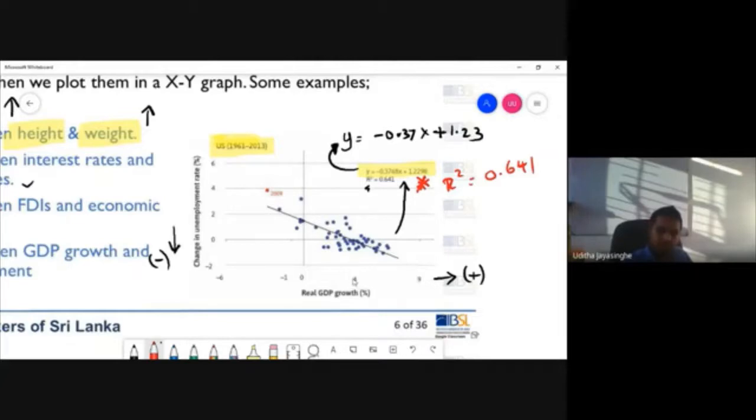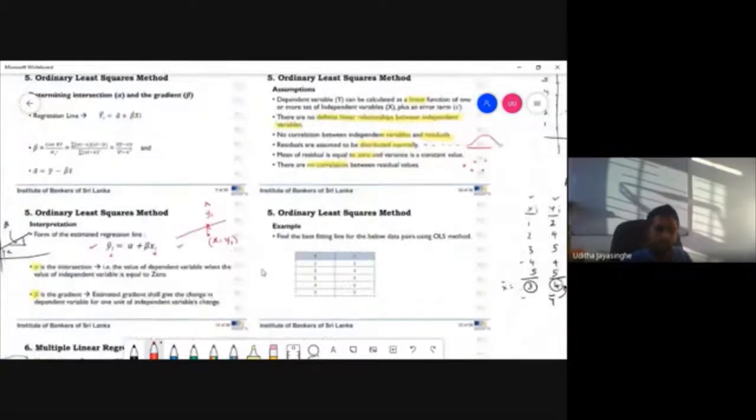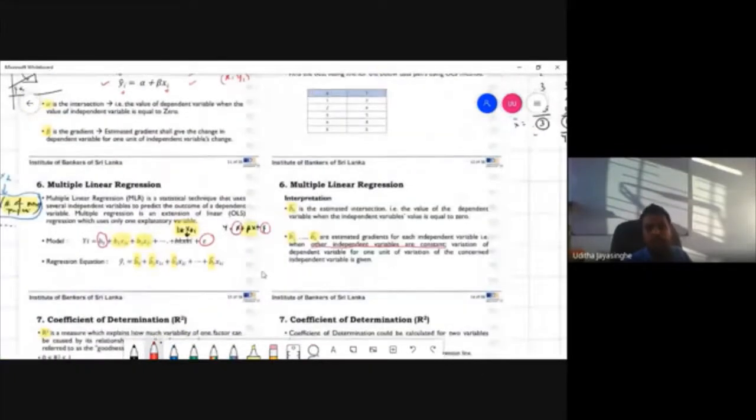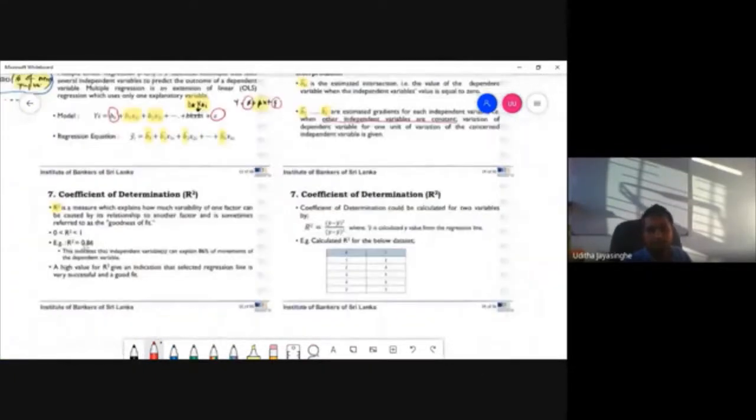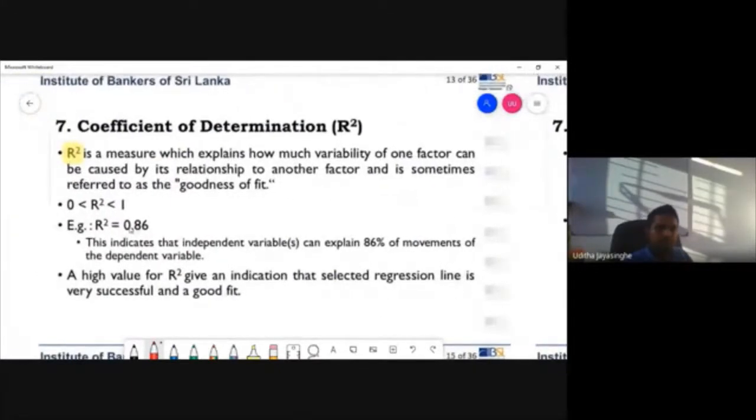Now we can define this R square value, which is going to tell the reader how good our model is. I repeat, how good is our model. Rather, we can call it goodness of fit.